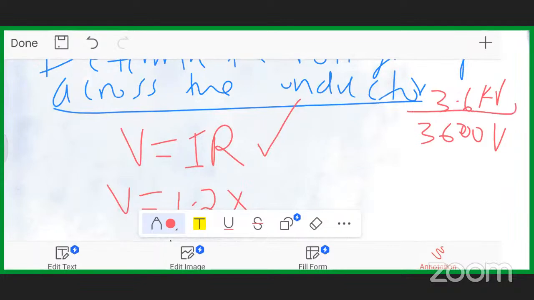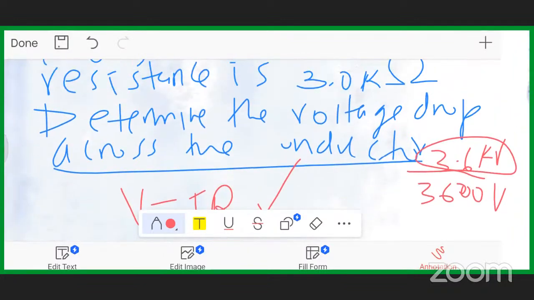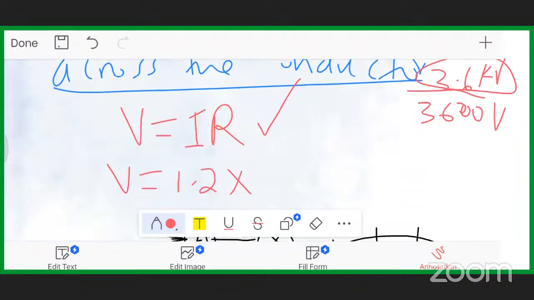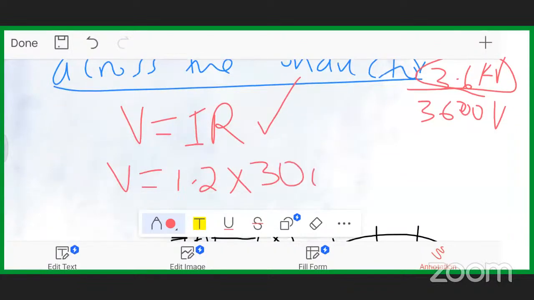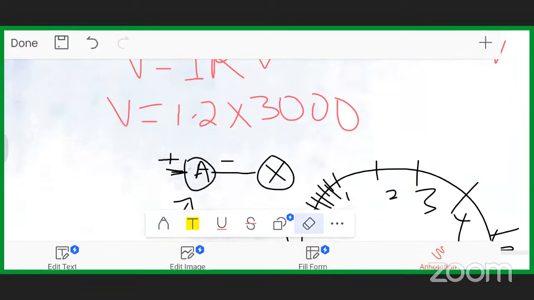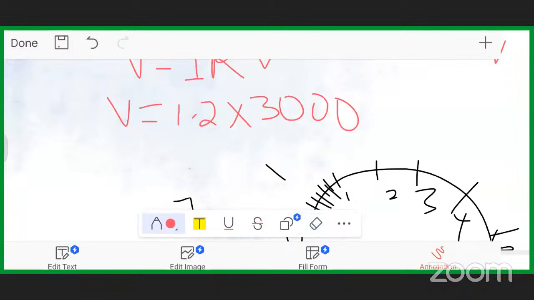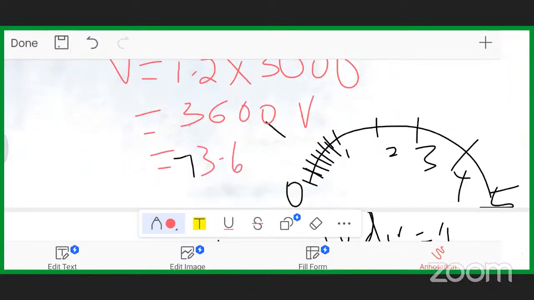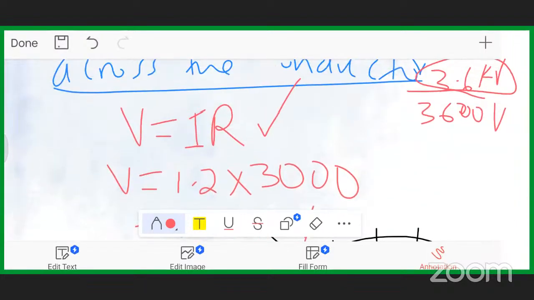So this 3.0 kilo ohms you have to convert into ohms, and kilo means 1,000, so that is 3,000 ohms. So V is 3,600 volts or 3.6 kilovolts. That's just a small exercise to jog your brain.